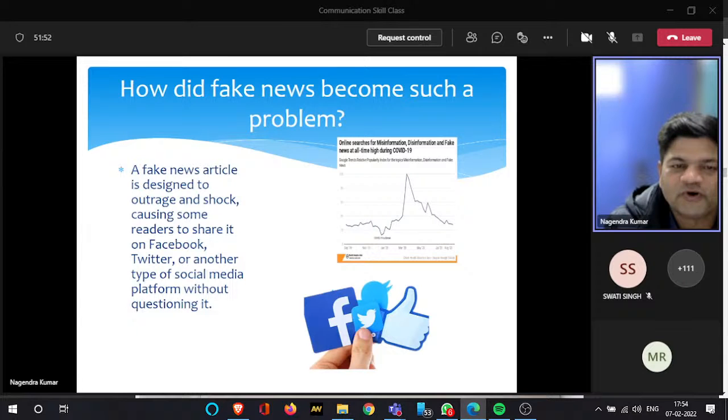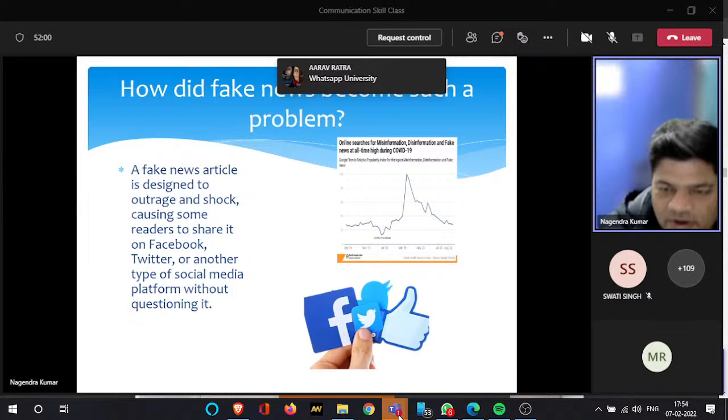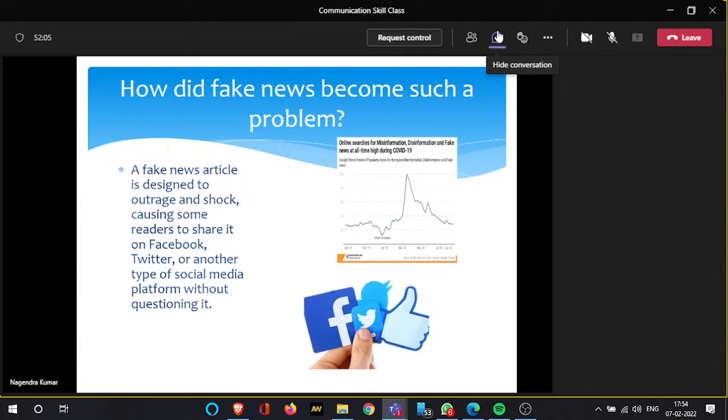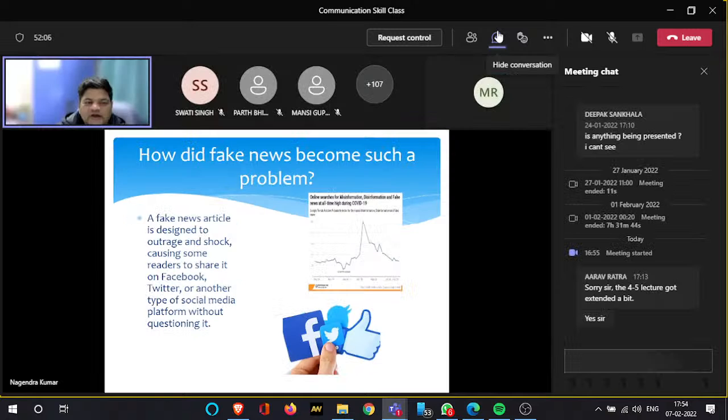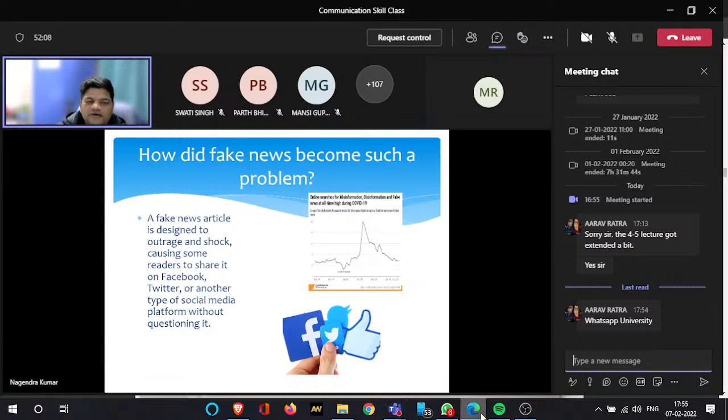So we found that the media platforms, or such messaging platforms like WhatsApp, have been flooded with fake news articles that are designed to outrage and shock, causing some readers to share them on Facebook, Twitter, or another social media platform without questioning.